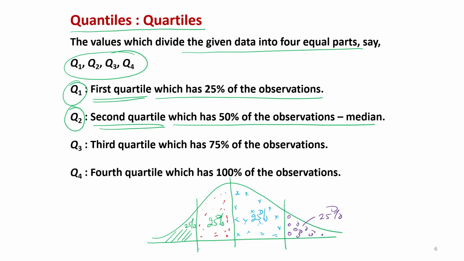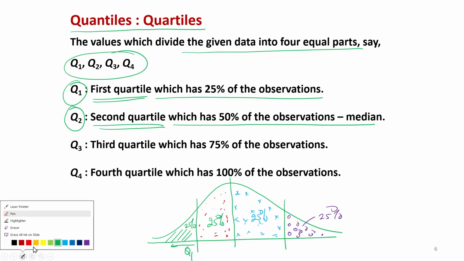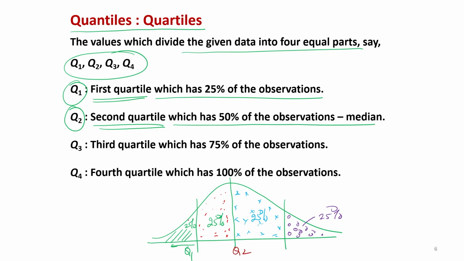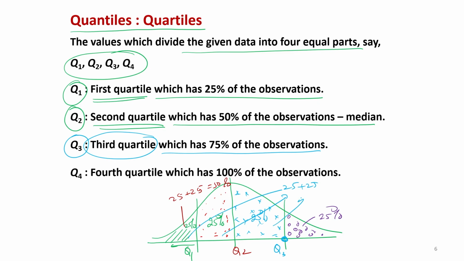You can see here this is Q1, below which we have 25% of the observations, and then we have Q2, which has 25 plus 25 equal to 50% of the observations. Then we have Q3, the third quartile, which has 75% of the observations: this 25%, this 25%, and this 25% equal to 75%.